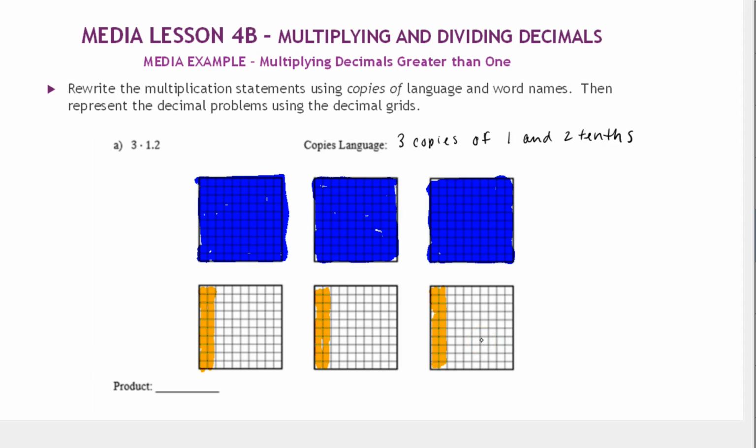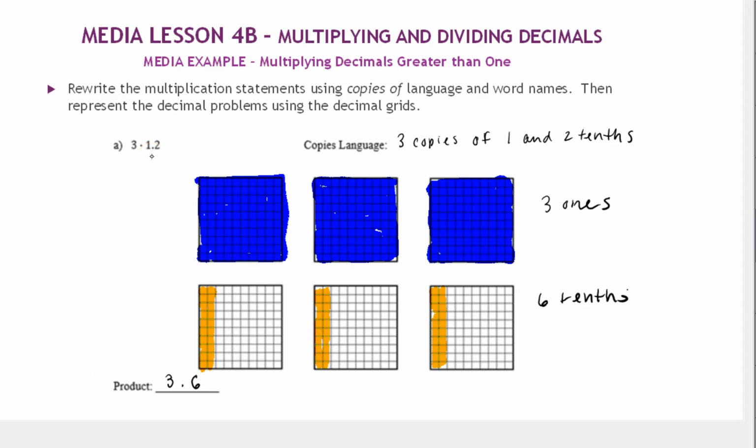So the product is the cumulative amount of all of these. So we have 3 1s here, and here we have 2 4 6/10. So combining these would be 3 6/10. So 3.6.